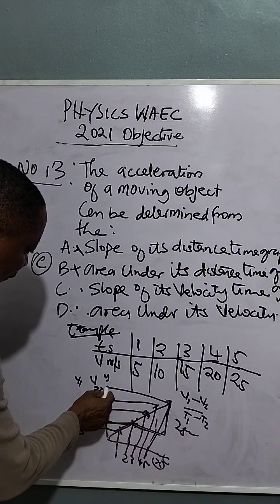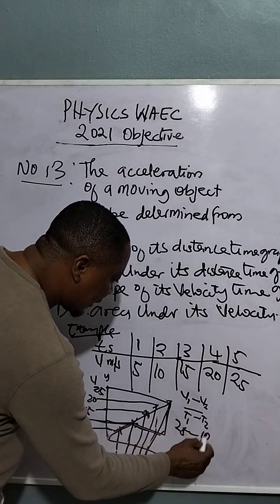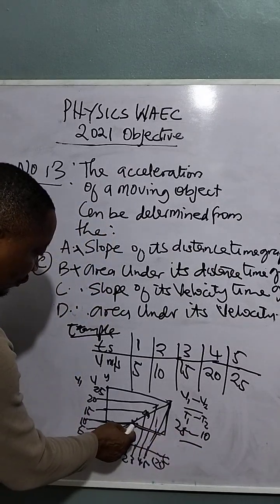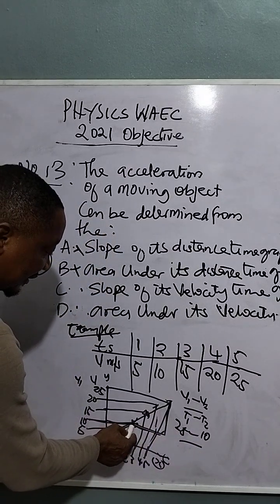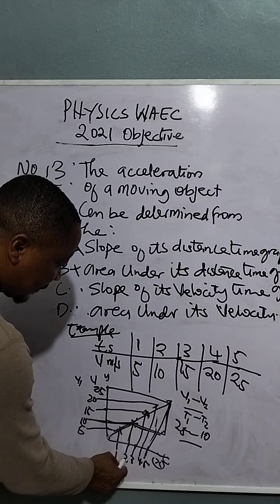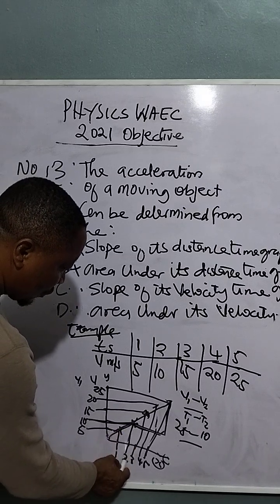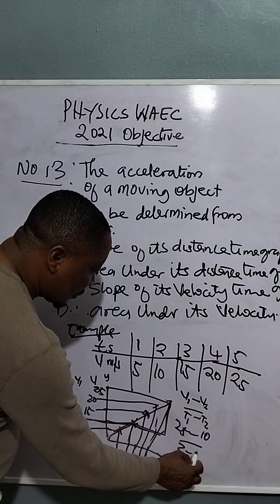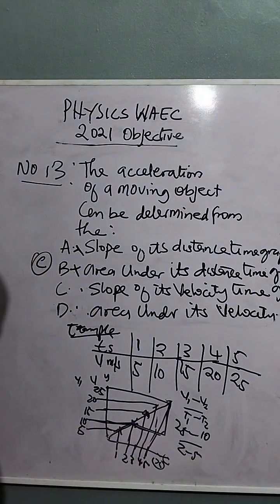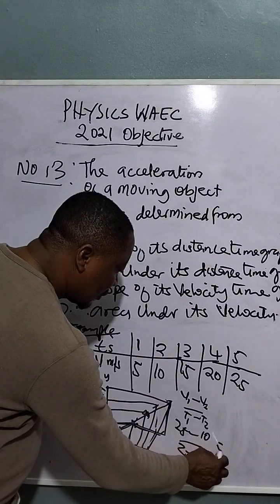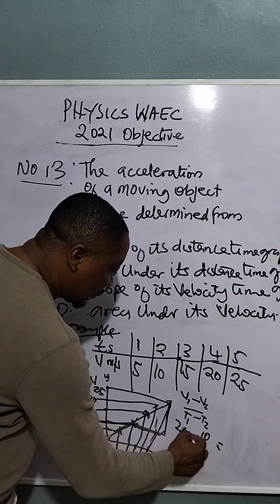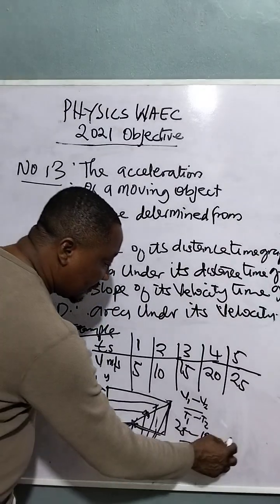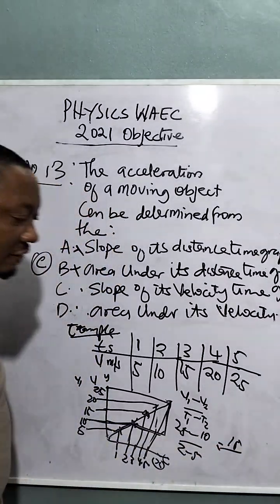So we have 25 minus 10 all over the time values: you choose 2 and 5, so 2 minus 5. 25 minus 10 gives us 15. Am I correct? Very good.